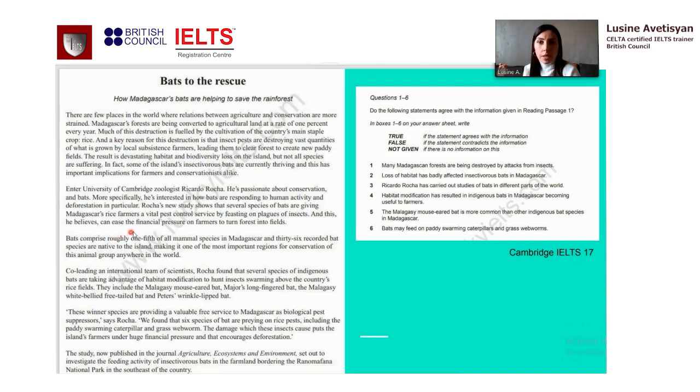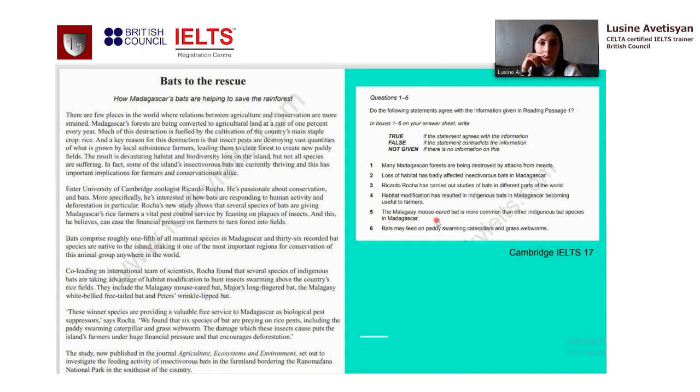And this, he believes, can ease the financial pressure on farmers even. So, which means that they help farmers. Habitat modification has resulted in indigenous bats. So what about the indigenous bats specifically? We're talking actually about that here, which means that logically this is the continuation of the previous paragraph. I would definitely go and write true for this answer.